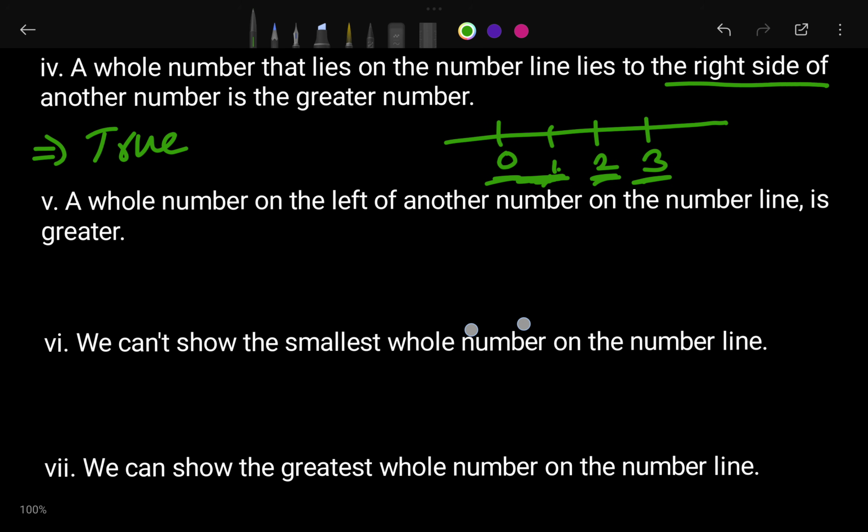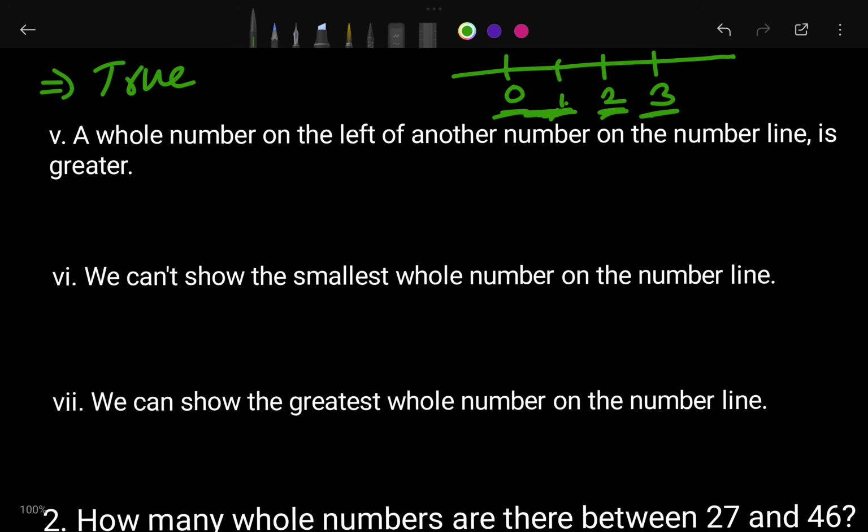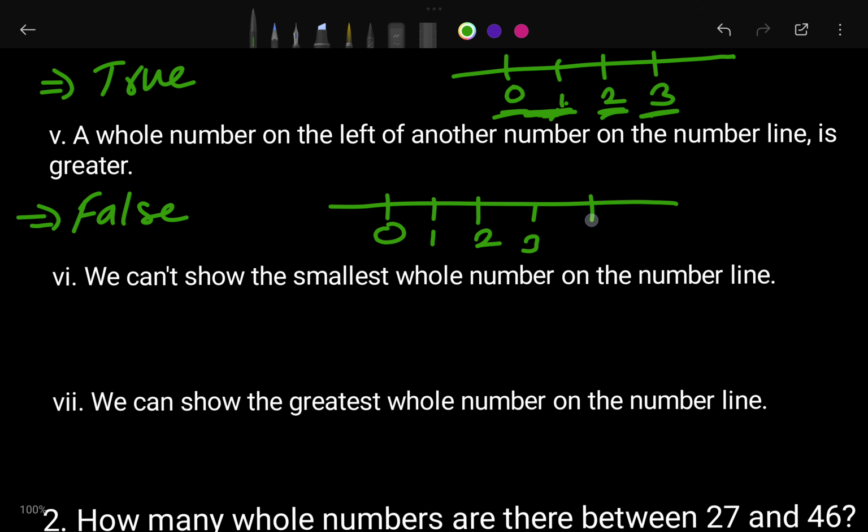Okay, now let's see the fifth one. A whole number on the left side of another number is greater. No, actually this fifth one is false. Why? Because this is 0, this is 1, this is 2, this is 3, and this is 4.